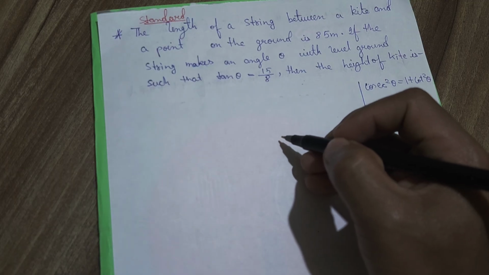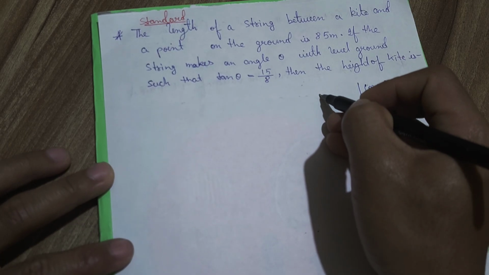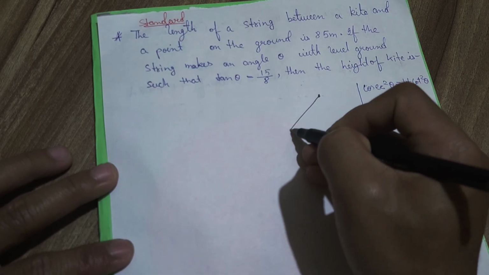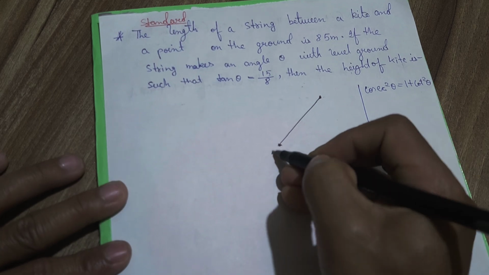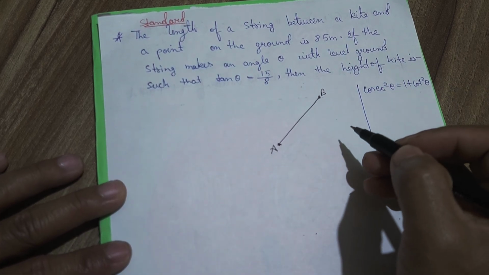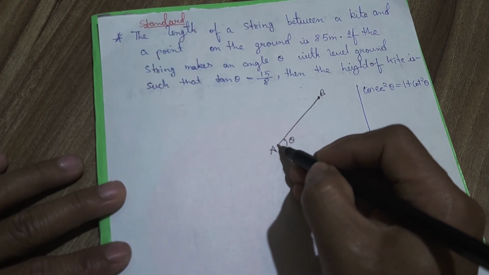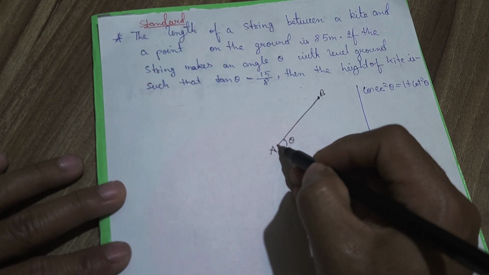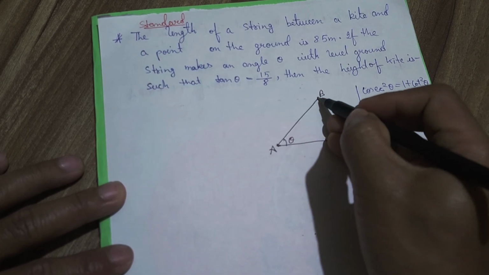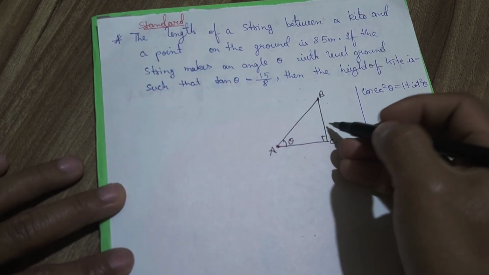It is given the length of string between a kite. Suppose this is a kite and a point on the ground. So let this be the ground, A, B. Then the string makes an angle theta with the level ground such that tan theta is equal to 15 by 8. Let's mark the height point, so BC is the height.